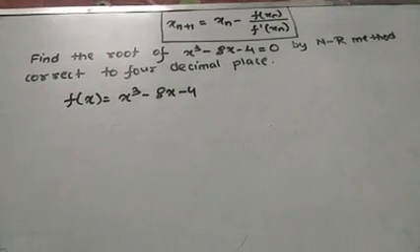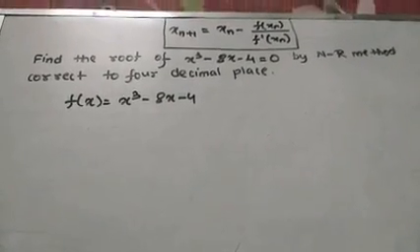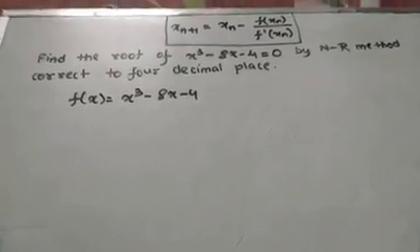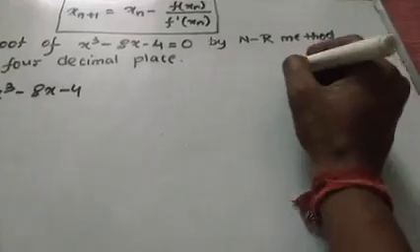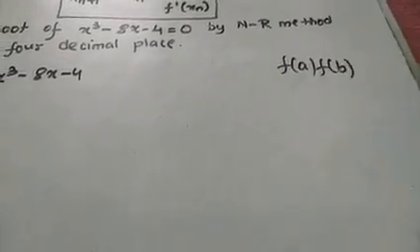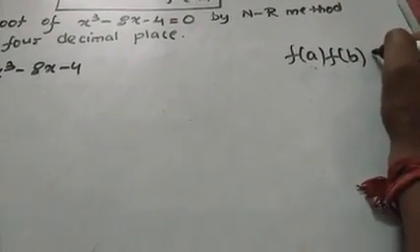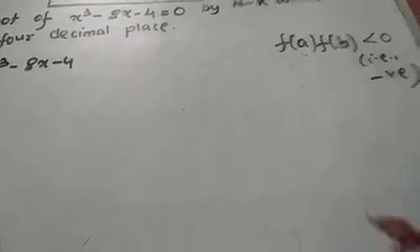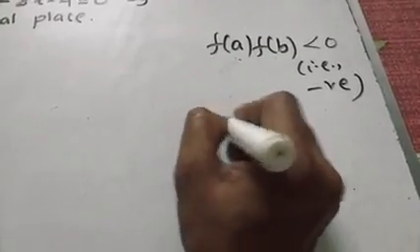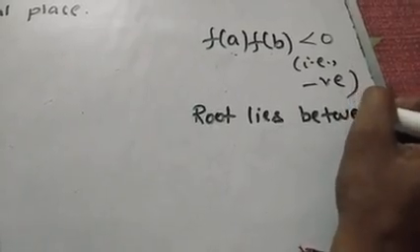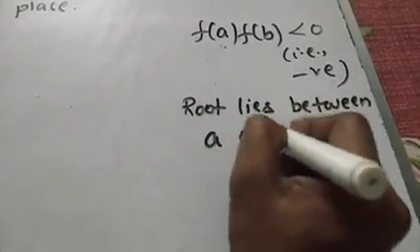Now the first basic thing is that we have to find the interval at which the root lies. We have done it in the class also. We know that first of all we will find f(a), we will find f(b), and if their product value is less than 0, that is, negative, then the root lies between a and b.